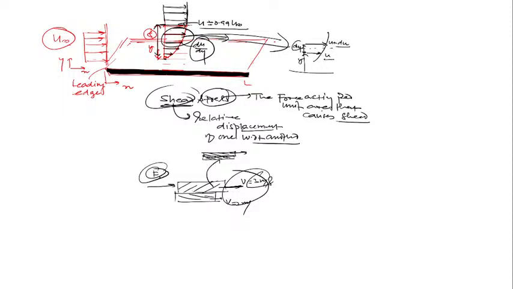Yes or no? So how much is the gradient? Gradient means change in the velocity with respect to change in the distance. So the gradient is du upon dy, the change in the velocity with respect to y. Is this clear?